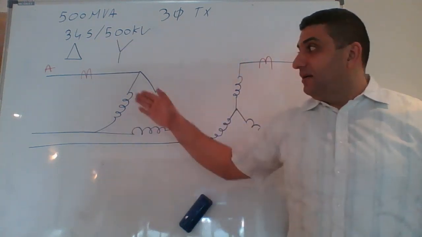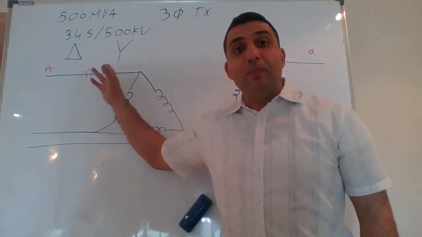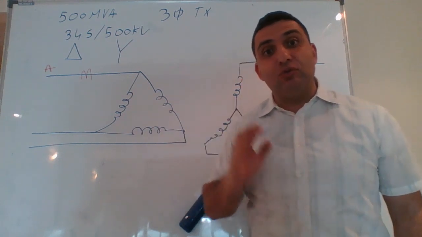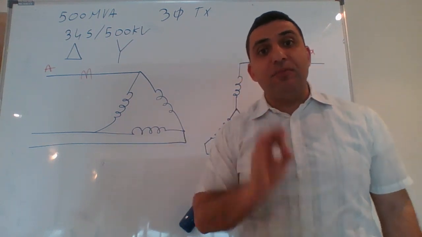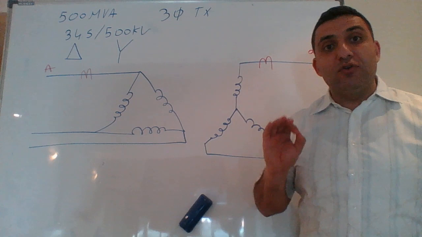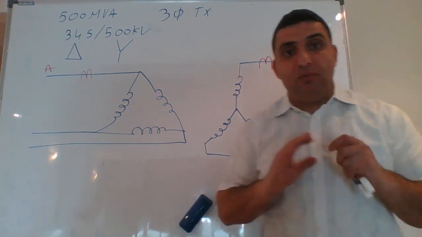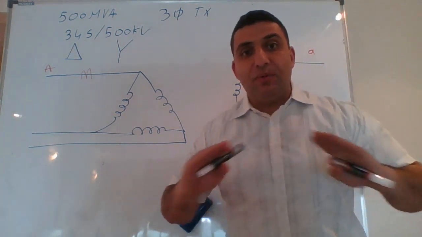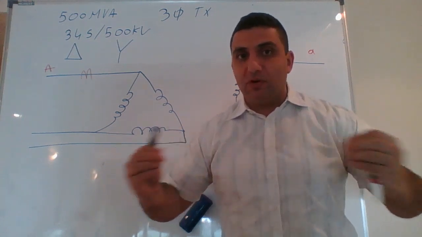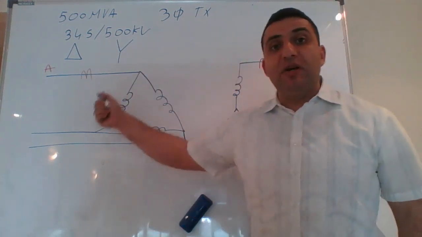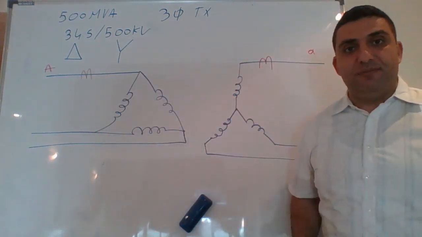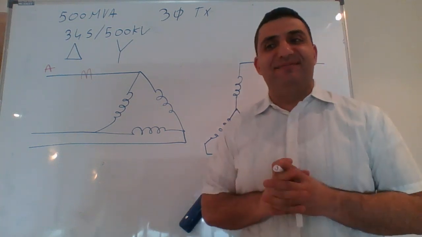Otherwise, I will have a false operation of my differential relay because of the 30-degree shift. That would be false because the system is operating under rated, normal condition, but during my design I didn't take it into consideration. How do I do this?